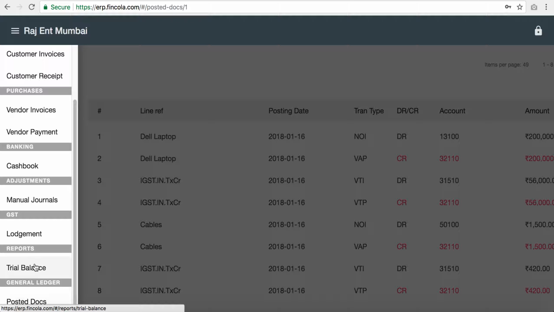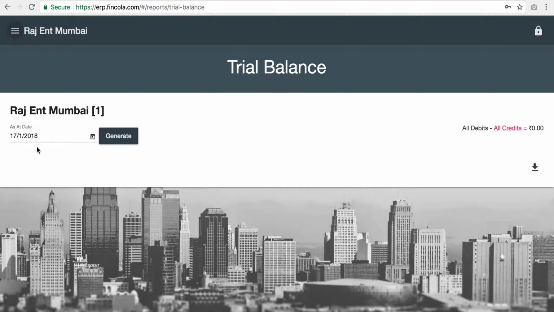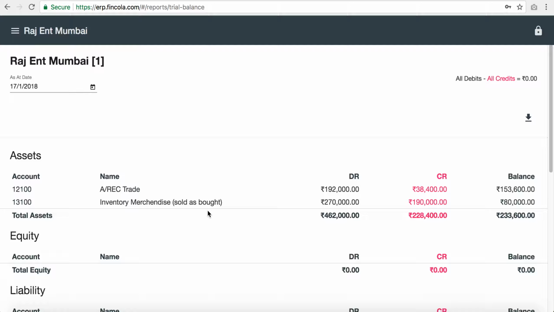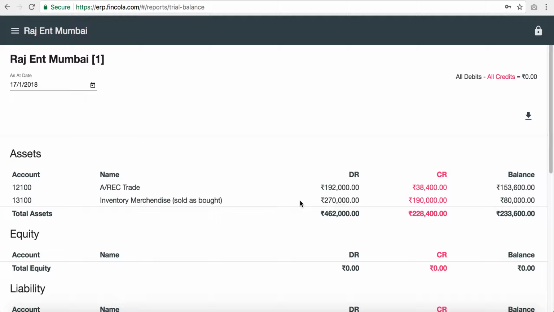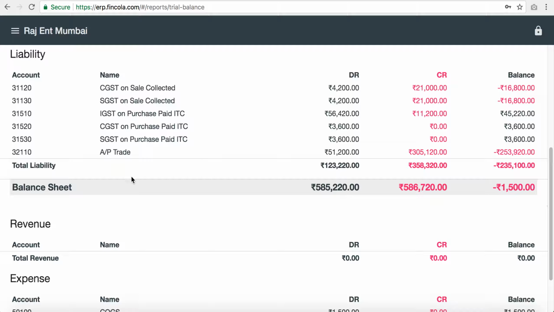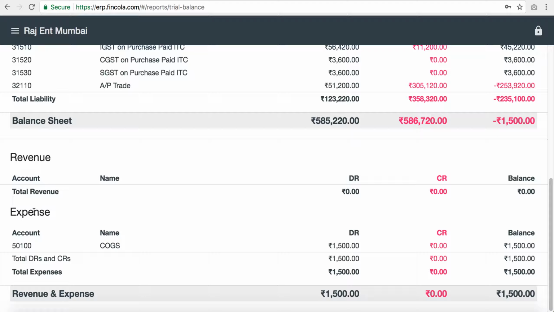This is also a good time to look at the trial balance. The trial balance is always as at a time, so let's look at the snapshot now. We're going to generate it as at now, and it gives me a list of my assets, equity, and liability, which is the balance sheet, and then revenue and expense.